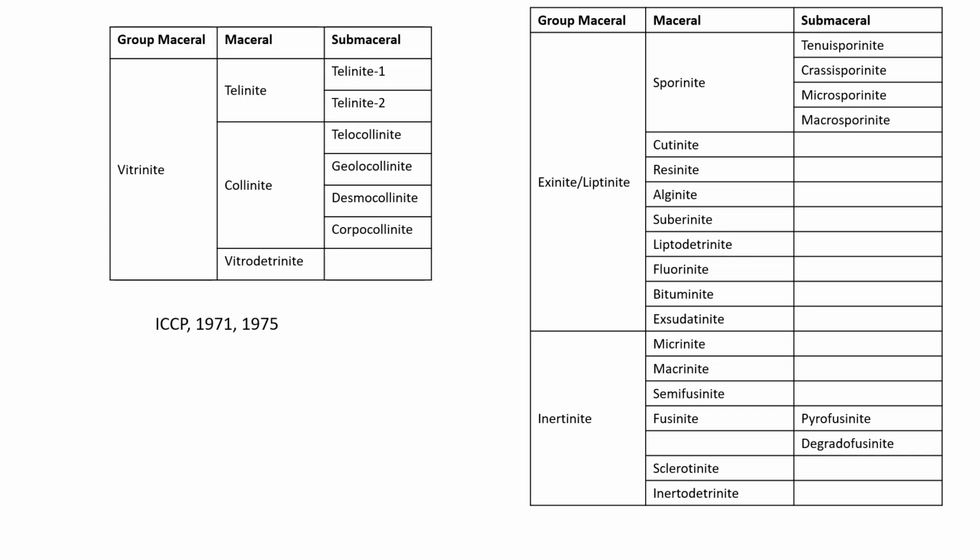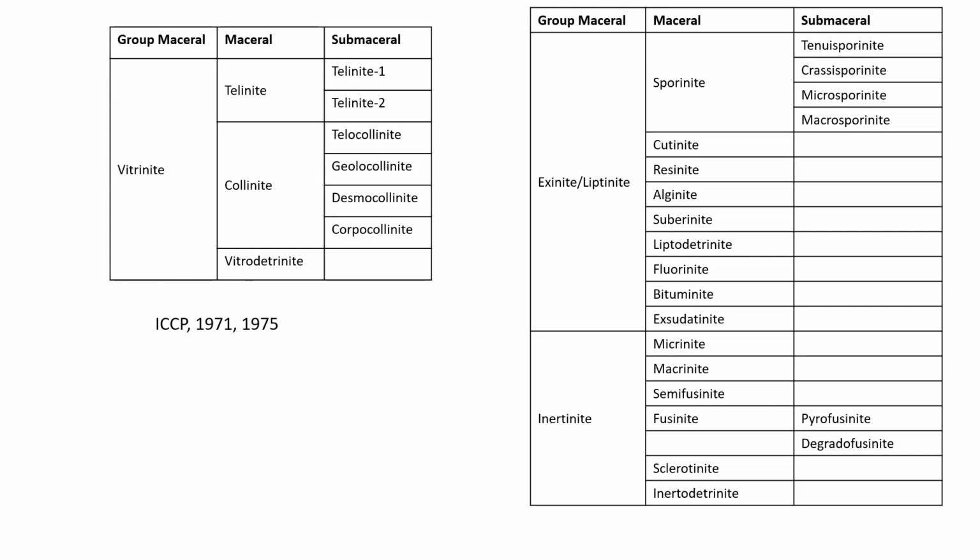At the submaceral level, telinite was classified as telinite 1 and 2, and collinite as telocollinite, gelocollinite, desmocollinite and corpocollinite.